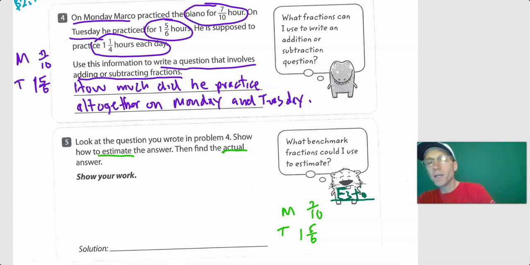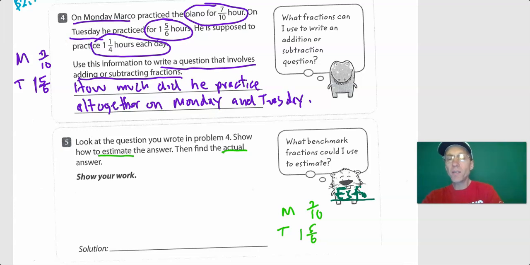So this is my estimate. 7/10 of an hour. If that hour is broken into 10 parts, if he does 5 parts or 5/10, that'd be a half. So this is more than a half, and it's 3 slices away from a whole. So that's pretty close to a whole.